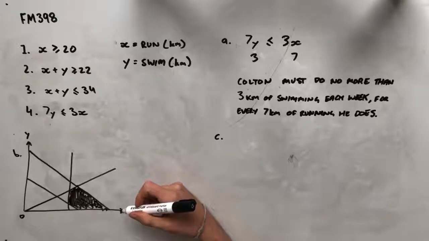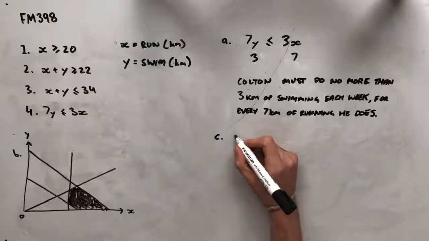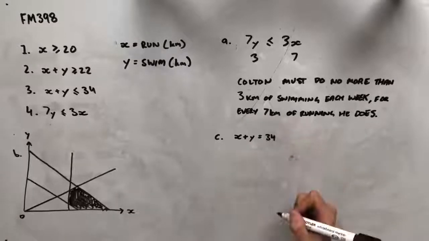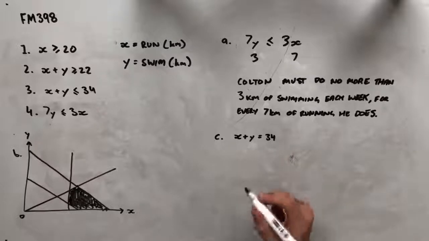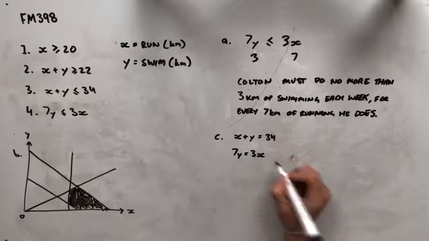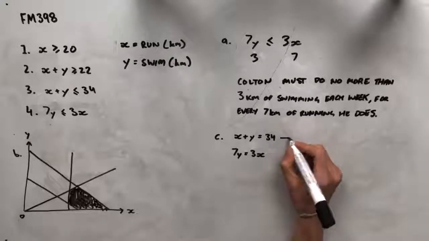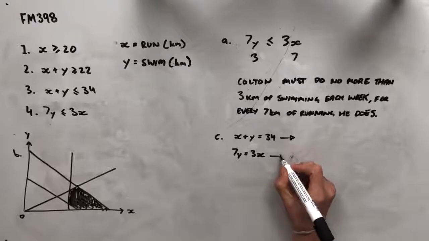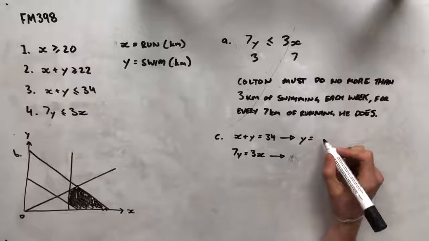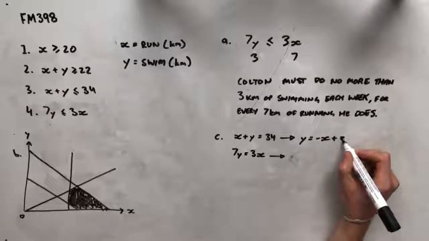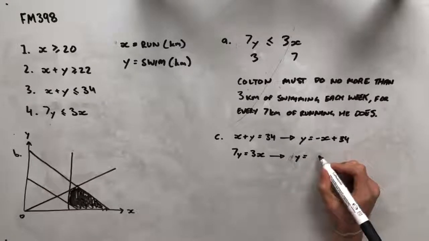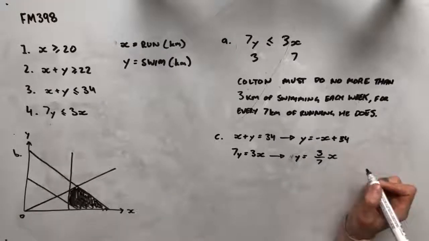So we've got two lines at play here. The first line is the line of x plus y equals 34. And the second line we've got is 7y equals 3x. If we rearrange these lines to make y the subject, we will get y equals negative x plus 34, and y equals 3 over 7 x.